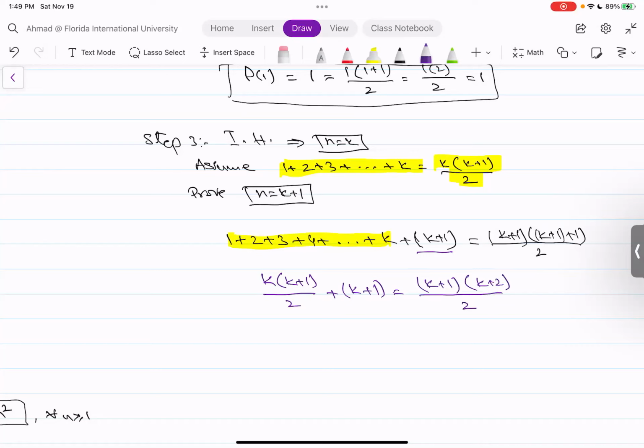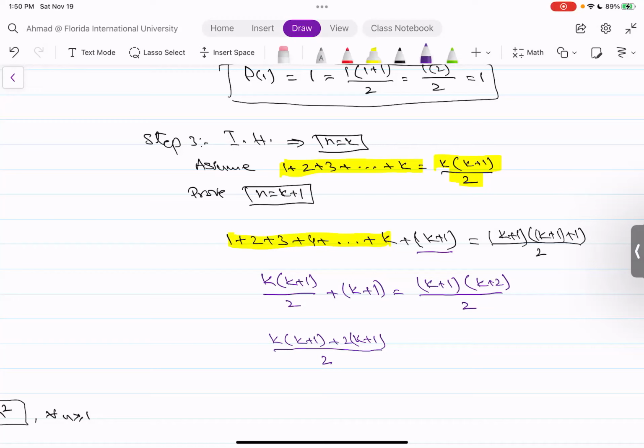All right. And now what we can do is make it equal. How? I can write these both terms as k into k plus 1 plus 2 into k plus 1 divided by 2. How have we done that? We have already seen a similar example.